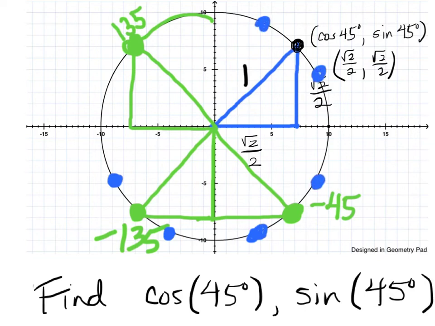Now remember I gave you a blank unit circle a long time ago? The points from these 3 videos that we've done today are enough to fill out that whole blank unit circle. All right, so that's enough for this video.